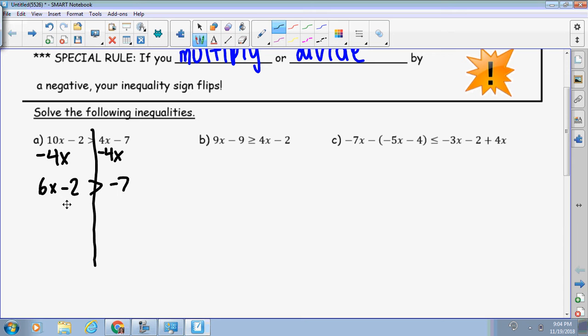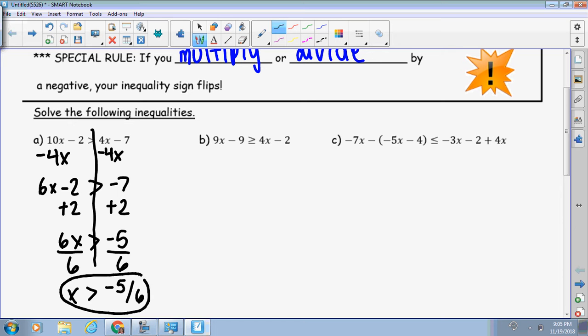Now I need to move the negative 2, so I'm going to add it to negative 7. So I get 6x is greater than negative 5. How do I get rid of the 6? I'm going to divide. So x is greater than negative 5 over 6. If I do negative 5 over 6 in my calculator, it's not a whole number, so I'm just going to leave that.